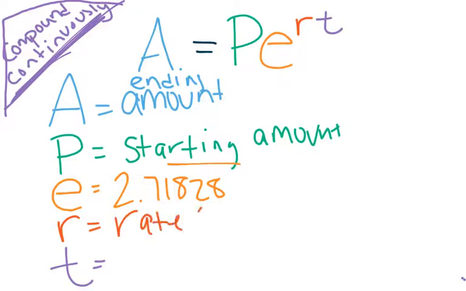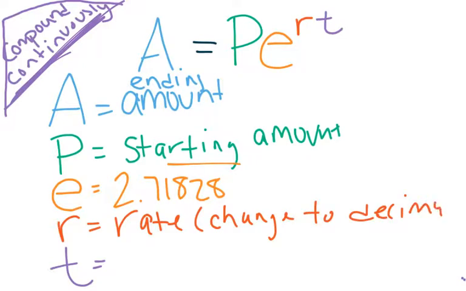Change it to a decimal. And T is time. And do notice that R and T are both exponents and they're being multiplied. So there's an understood multiplication. Don't just put two numbers right beside each other. That's crazy. Okay.